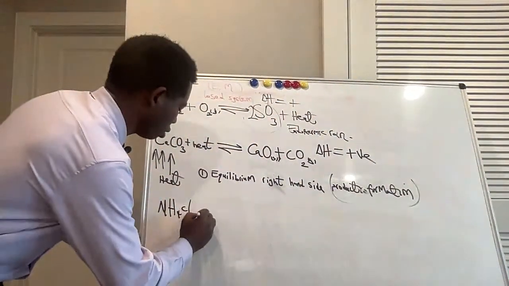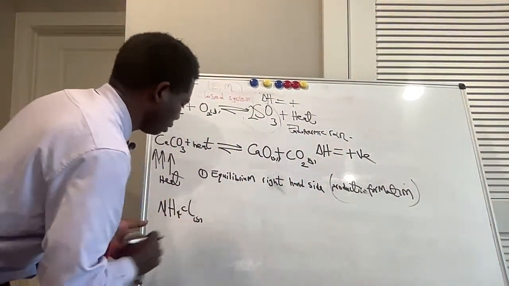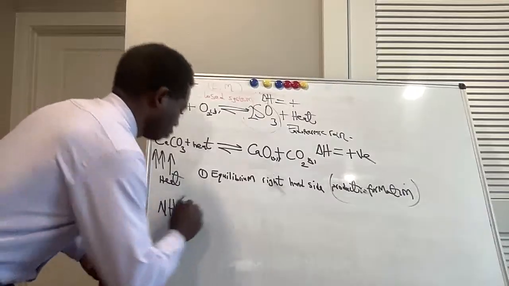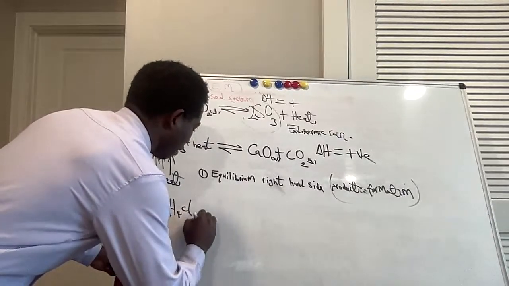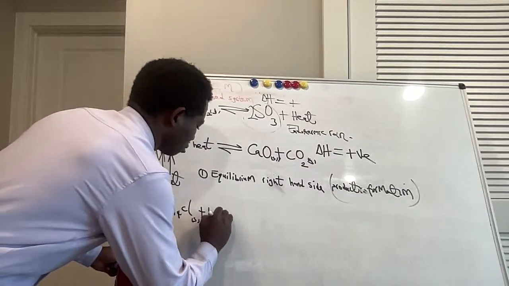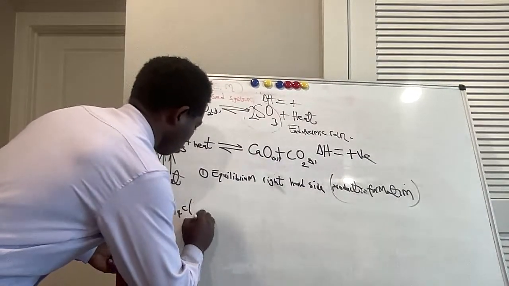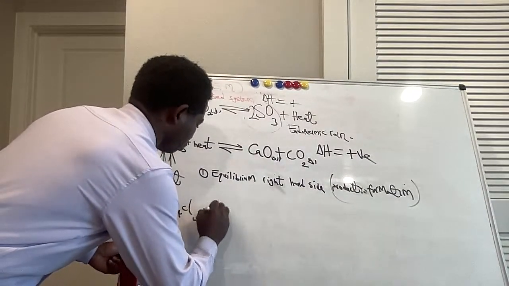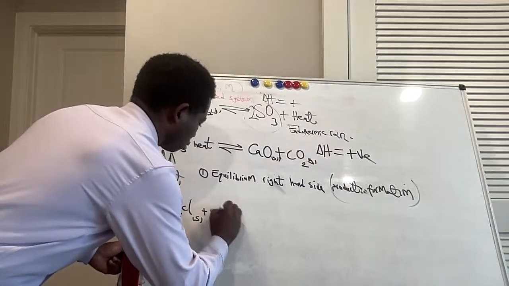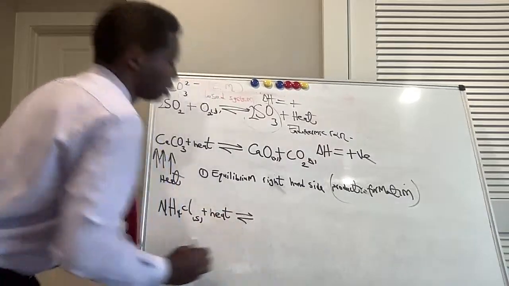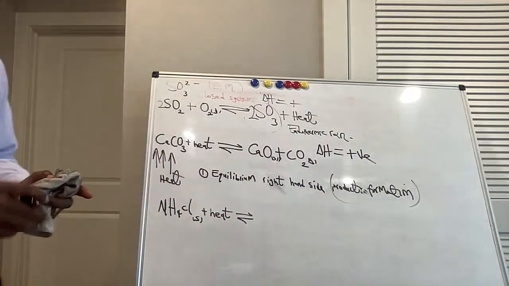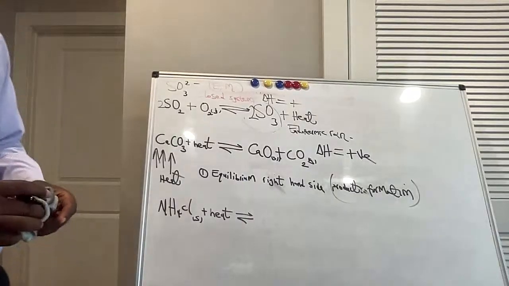Ammonium chloride is a solid. When you apply heat, it produces what?